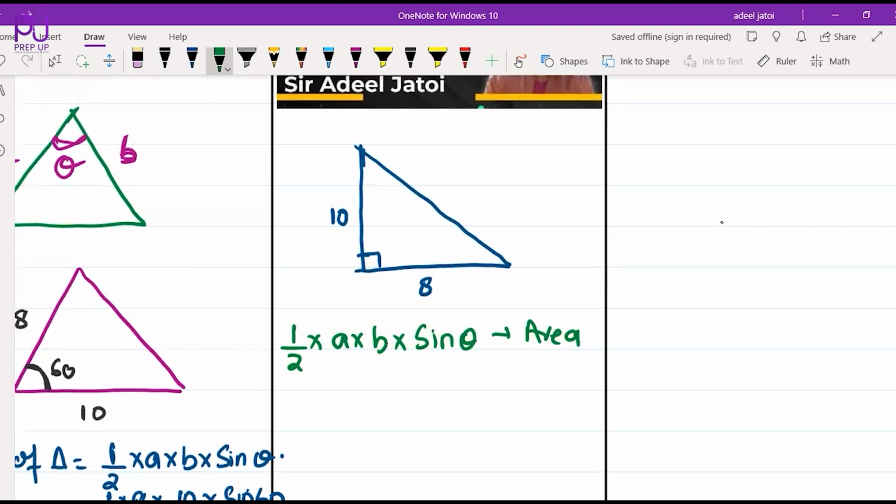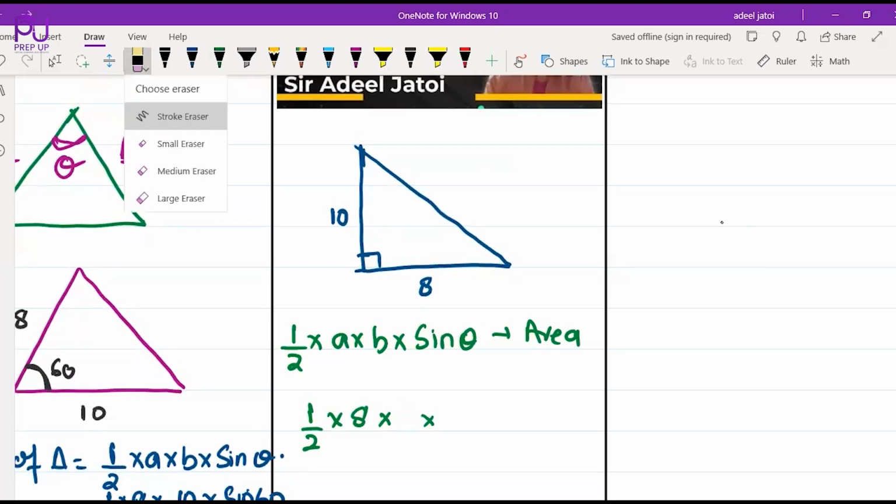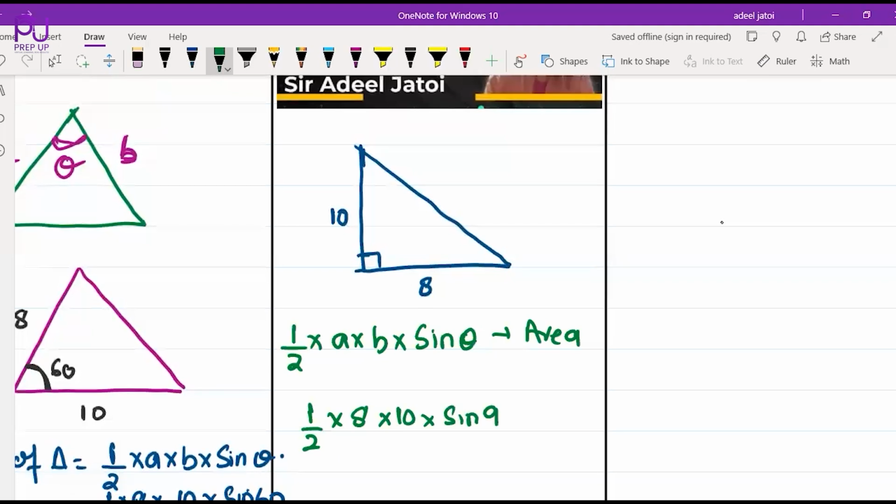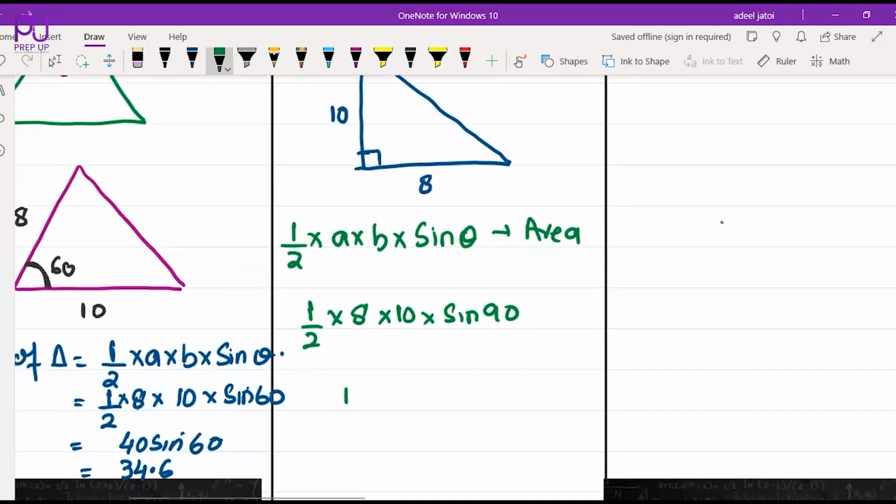Using this, half into 8 into 10 into sine theta, where theta should be 90 here. And sine 90 is always equal to 1. So we end up having half into 8 into 10.